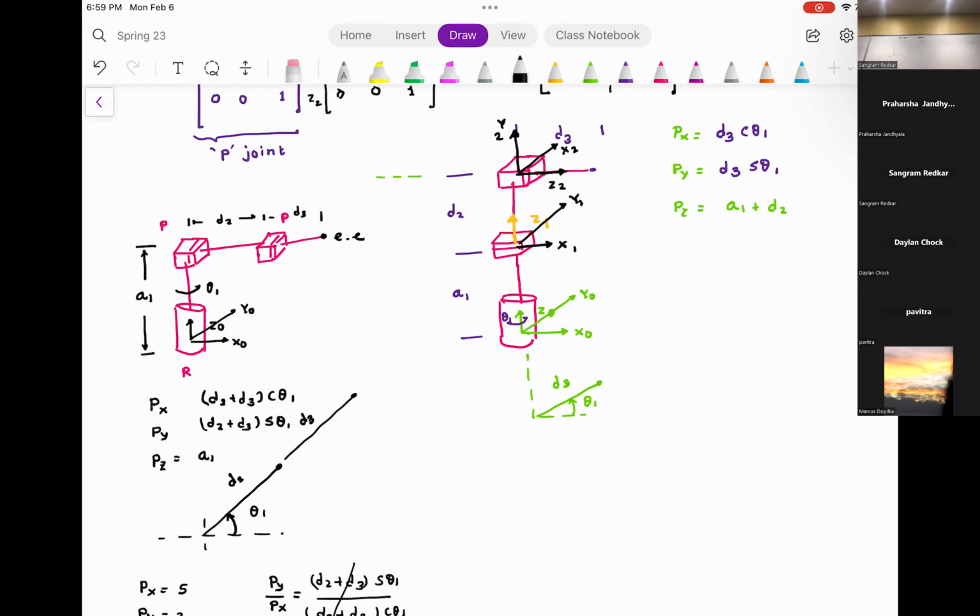And on my end effector, I will copy the same direction. Y3, Z3, X3. So, good news is I don't think we get a frame rule violation here or here.